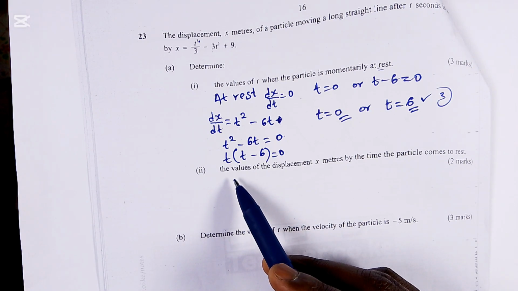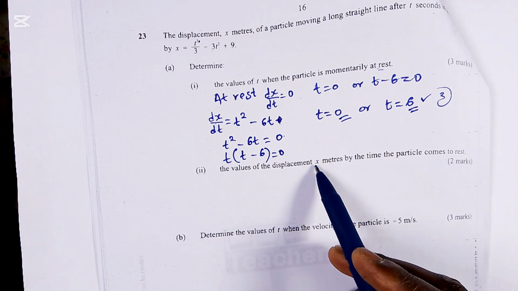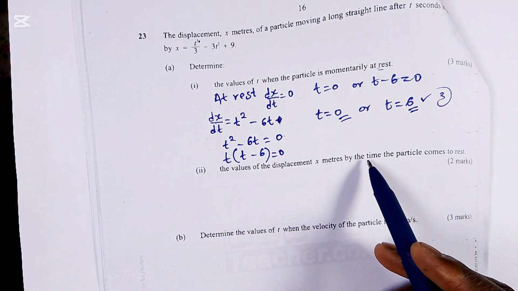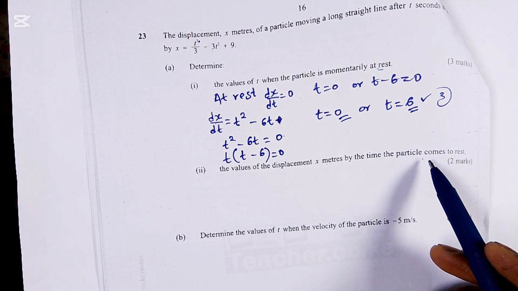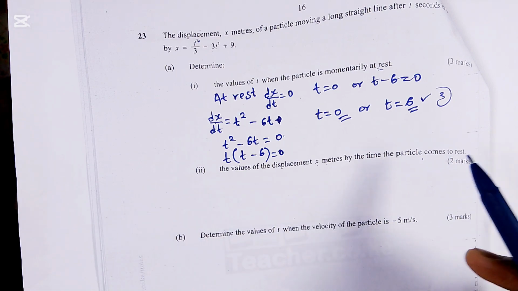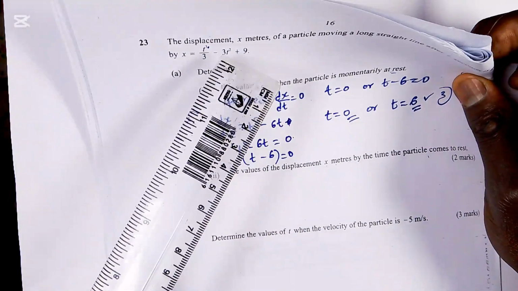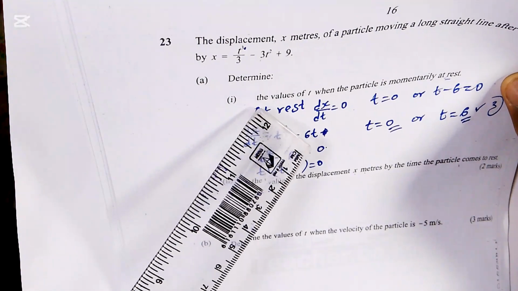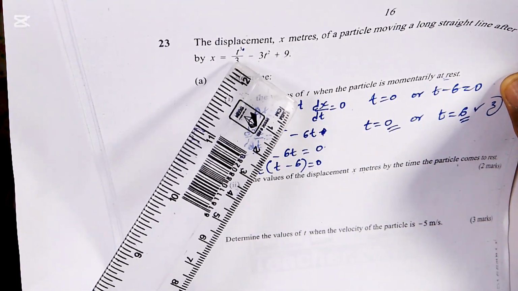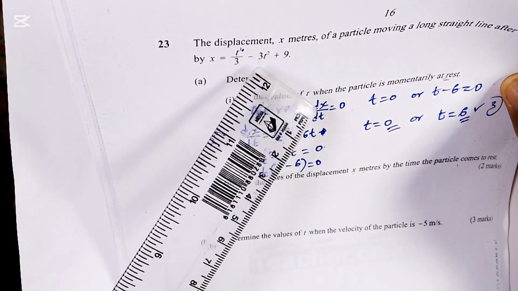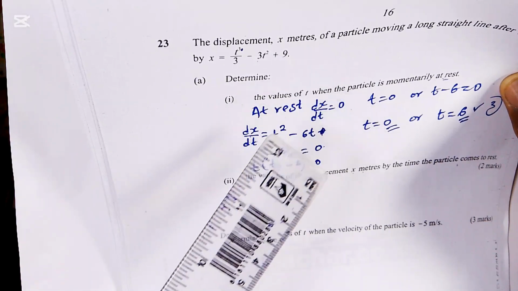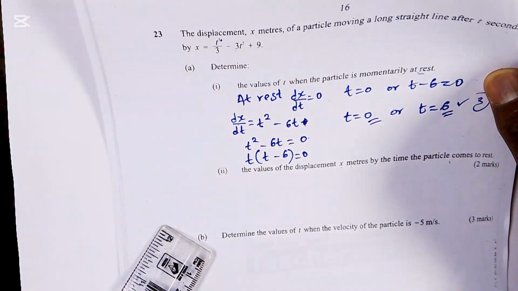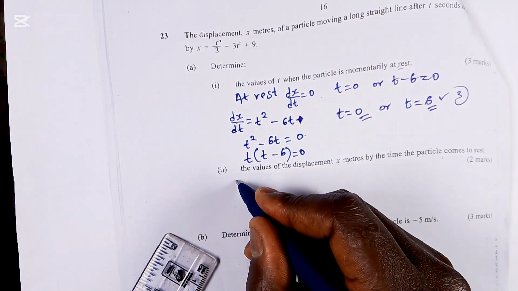The question 2 reads, find the values of the displacement h meters by the time the particle comes to rest. So we have been asked the displacement, and we are quite aware that the equation for displacement is h is equal to t cubed over 3 minus 3t squared plus 9. So we will take this equation as it is.